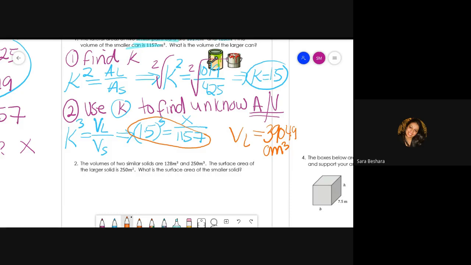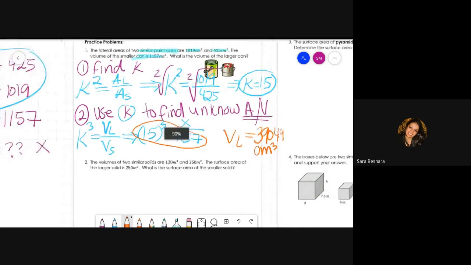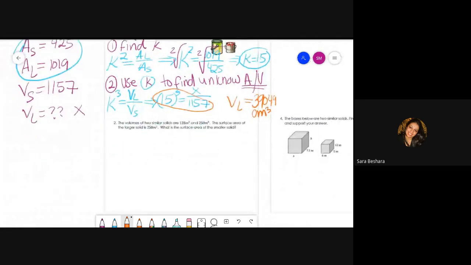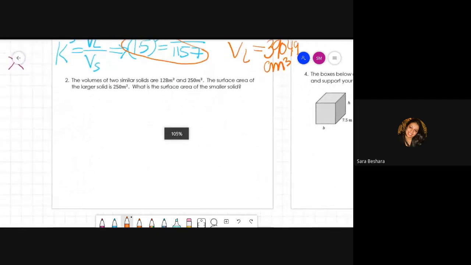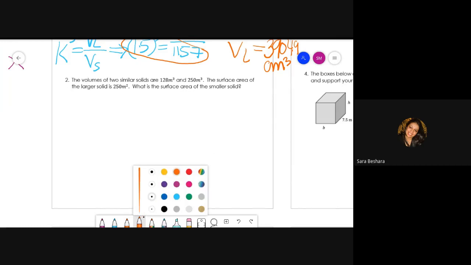All right. Let's try one more. The process doesn't change, it just becomes a bit more manipulative. So let's go ahead and read this problem and see if we can make it happen. It says the volume of two similar solids are 128 and 250.